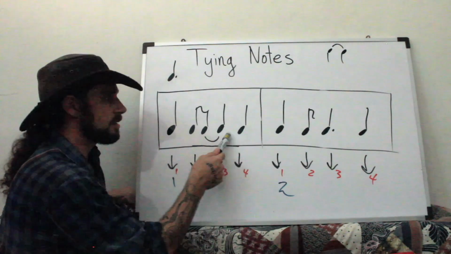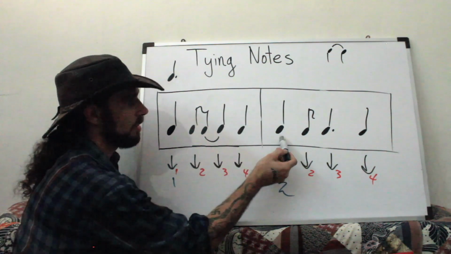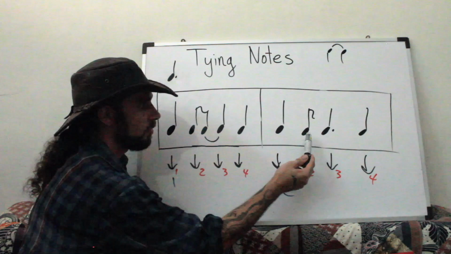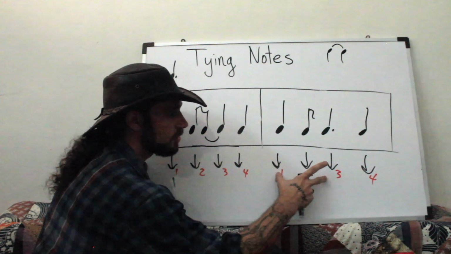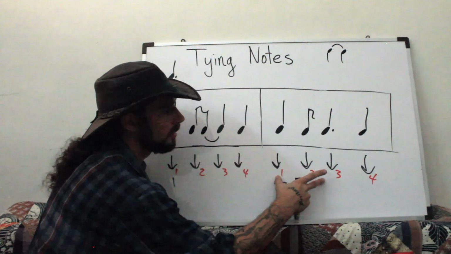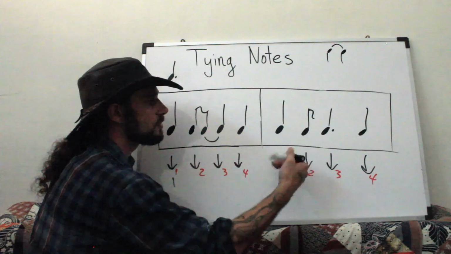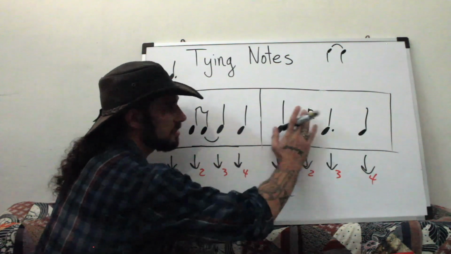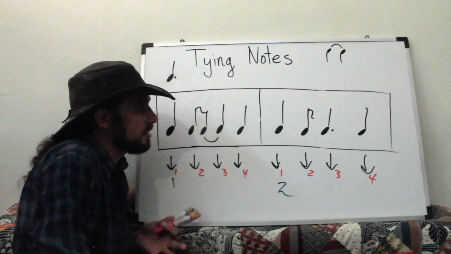This is exactly the same as this. But we've got a quarter here, and we've got an eighth. So technically, the two beats are not complete yet. And then now we're throwing this guy in there, contaminating the first two.